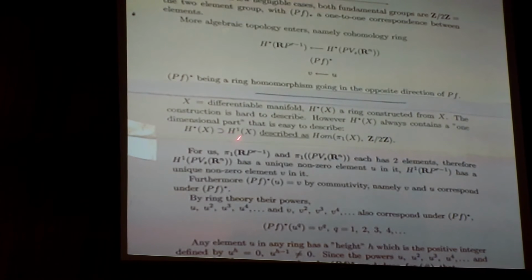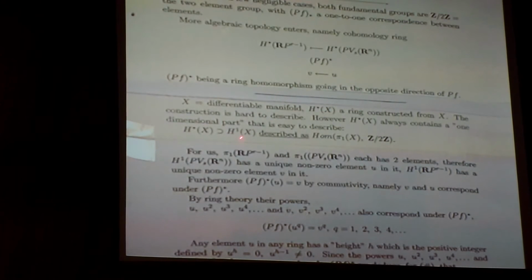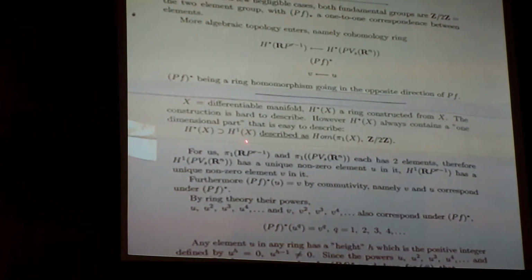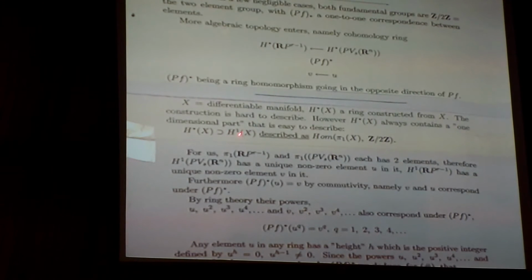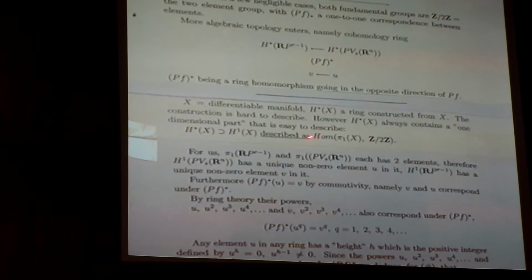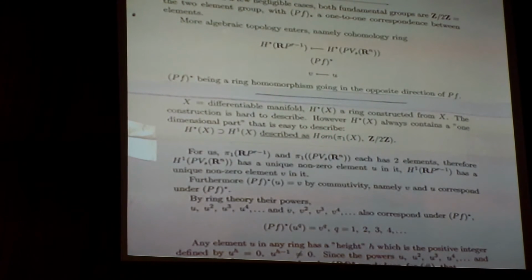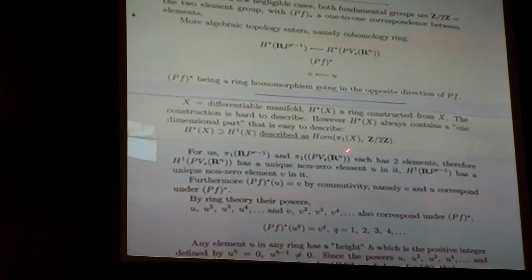Inside the cohomology ring, it always contains a so-called one-dimensional part. The cohomology ring contains a subportion which we call the one-dimensional cohomology, denoted by H of X with the upper subscript 1. So it is very easy to describe. How do you describe it? We just describe it as the set of all homomorphisms from the fundamental group to the group of two elements.